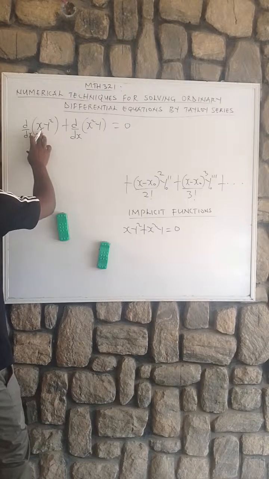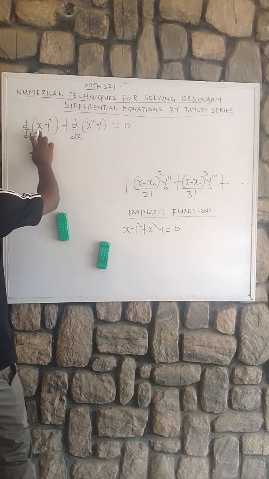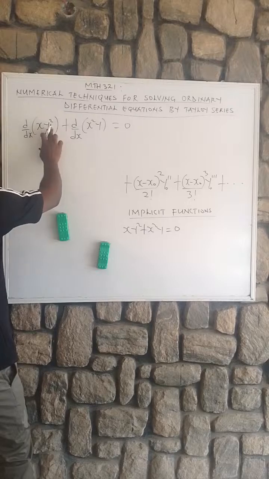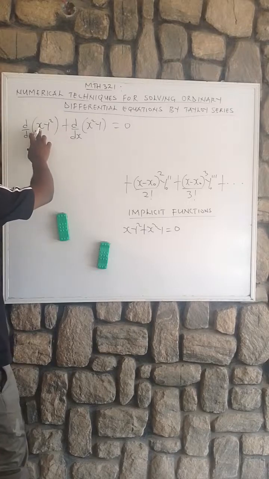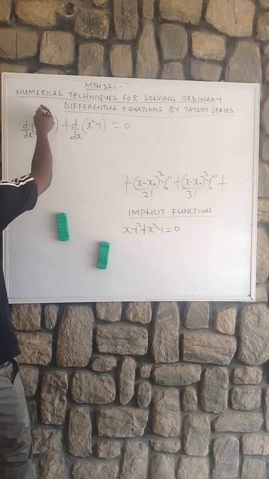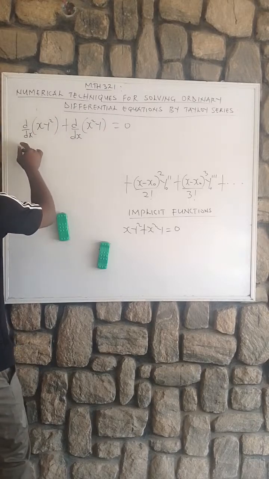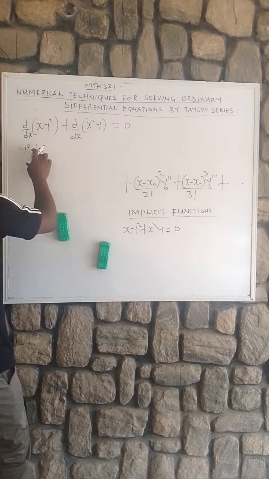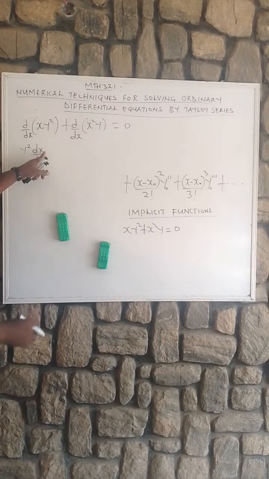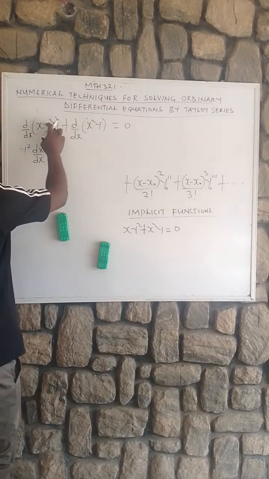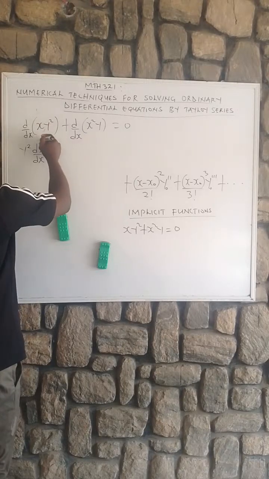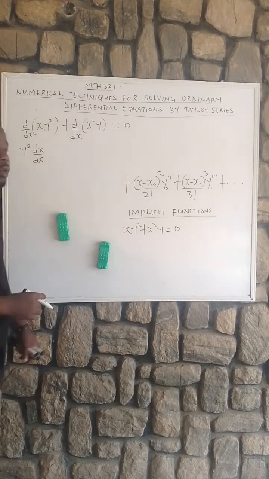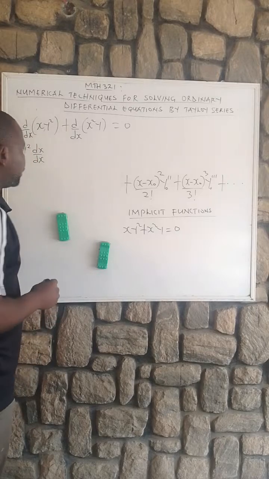So we hold this, we differentiate x and hold this one constant. If you differentiate x, you are supposed to have 1. True or false? So it means 1 times y squared, that is y squared dx over dx, because this dx means you differentiated for x. Then hold x constant and differentiate y.